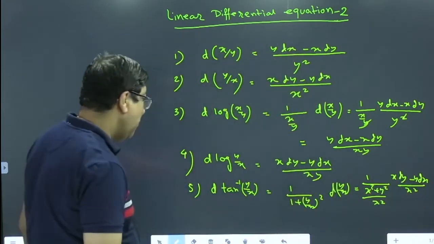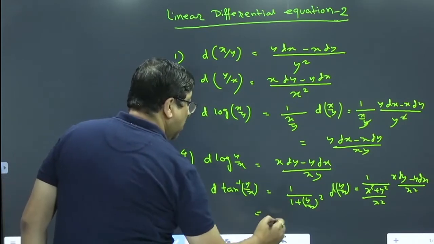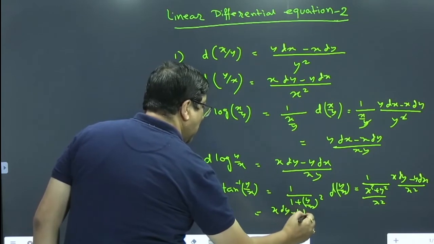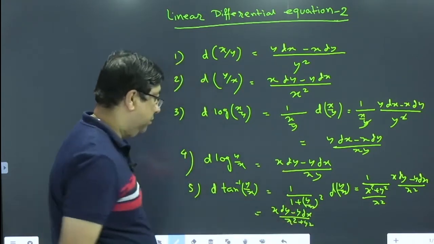So the combined formula becomes (x dy minus y dx) by (x square plus y square).